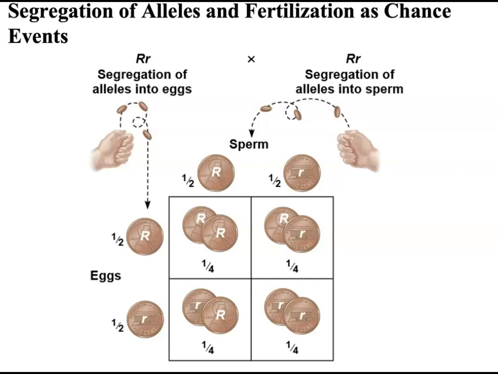Little r is the recessive phenotype, which accounts for 1/4 of the individuals. This is our 3-to-1 ratio for phenotype. And what about our genotype ratios? 1/4 are big R big R, 1/2 are big R little r, and 1/4 are little r little r. This is our 1-to-2-to-1 ratio. That wasn't so bad, right?